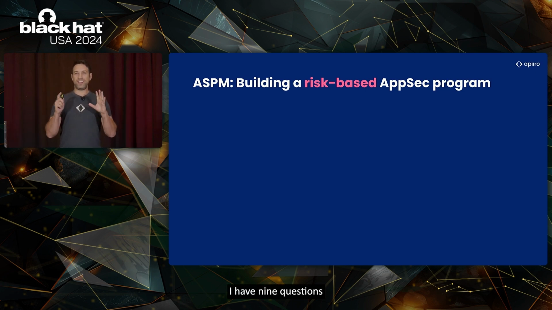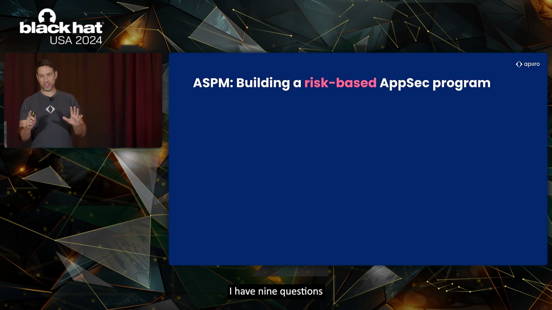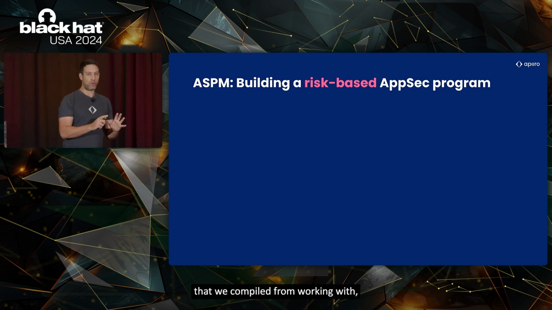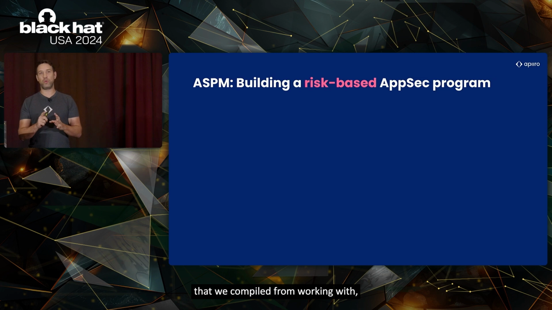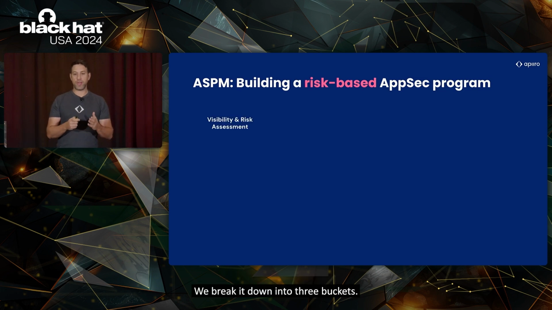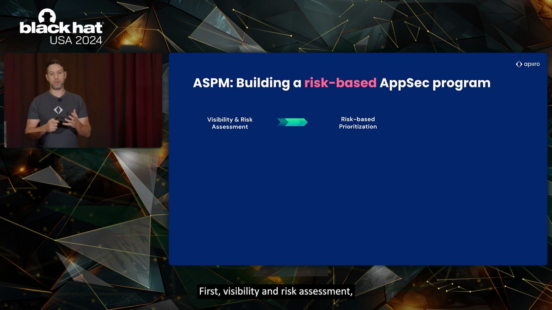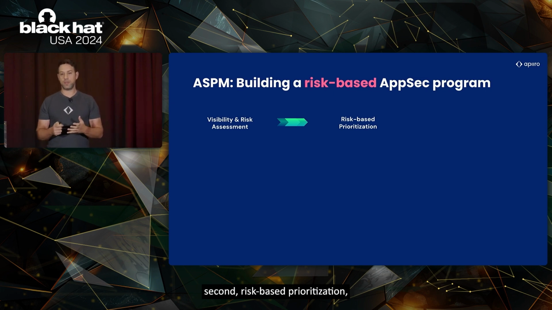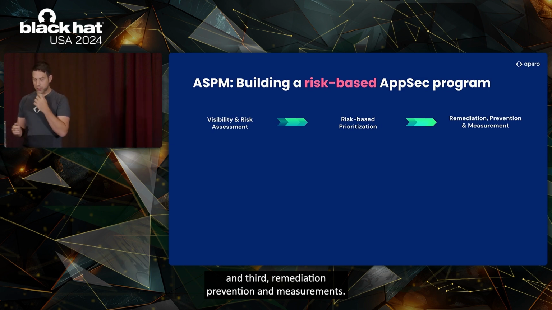I have 9 questions that we compiled from working with, I want to say, Fortune 500 and even Fortune 10 customers. We break it down into three buckets. First, visibility and risk assessment. Second, risk-based prioritization. And third, remediation, prevention, and measurements.